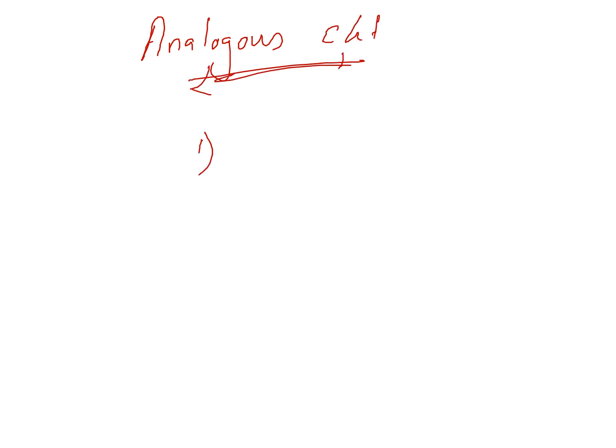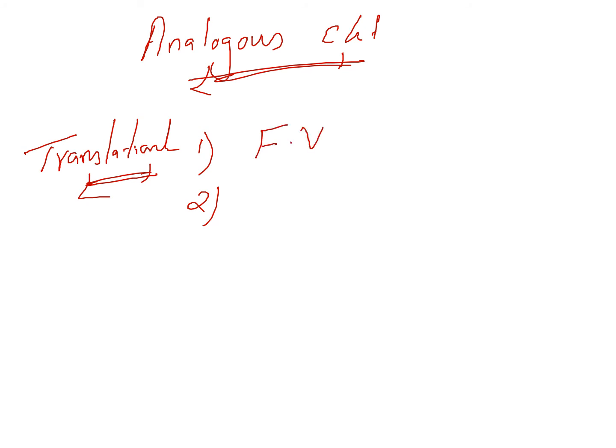So as I told already, the analogous circuit can be of 4 types, actually. When we are giving translational forces, we will have 2 types of analogy: force voltage analogy, and another one, force current analogy.